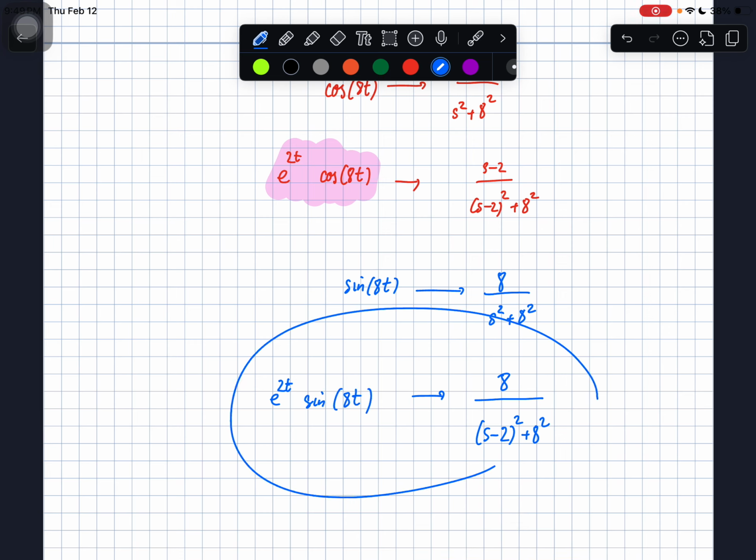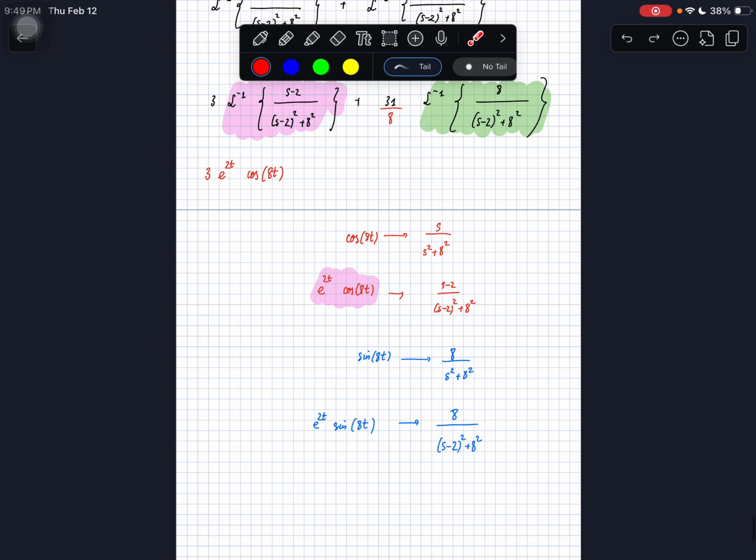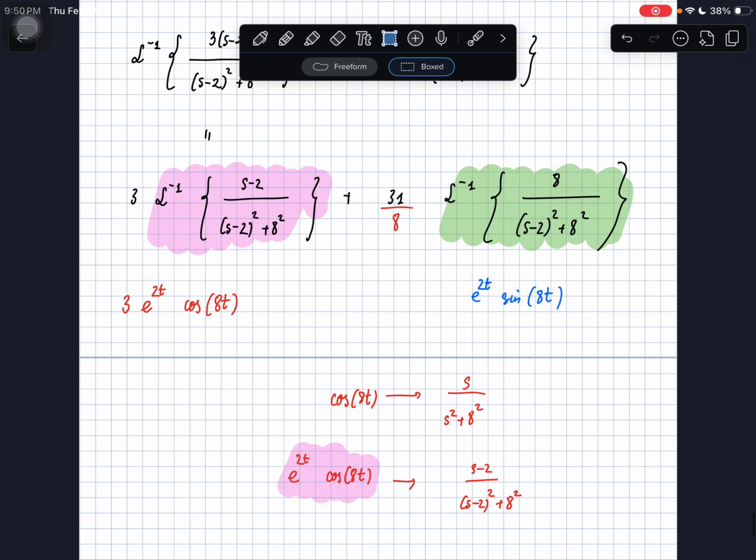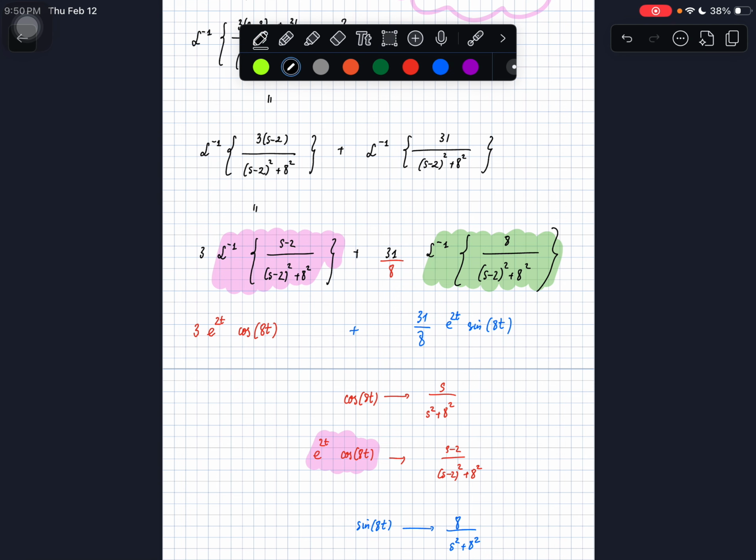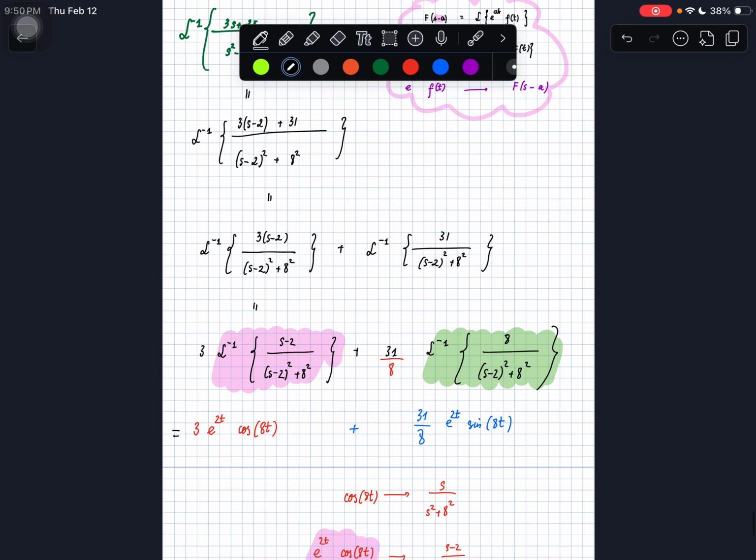So by the translation theorem, the inverse transform of this one is e to the 2t sine 8t. We need to multiply by 31 over 8, this term here, and therefore this is the answer for the inverse transform of the function we needed to compute.